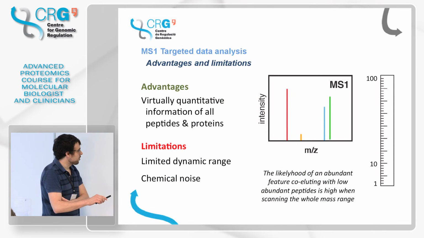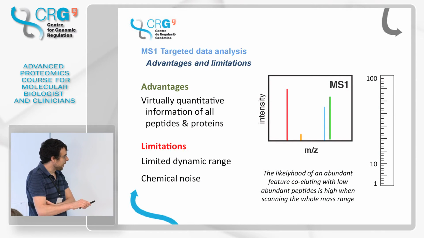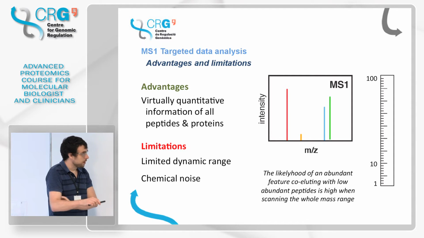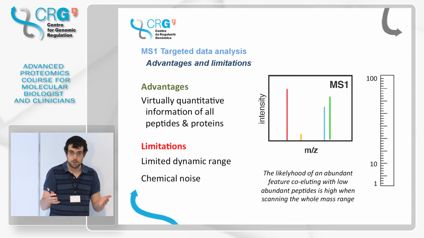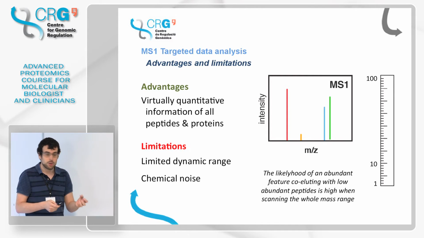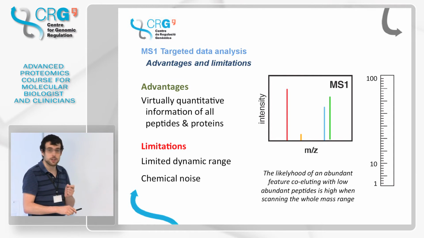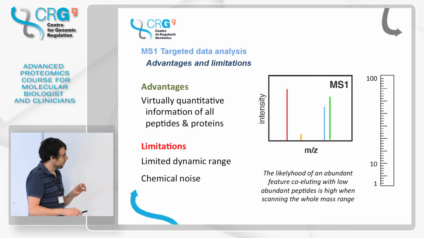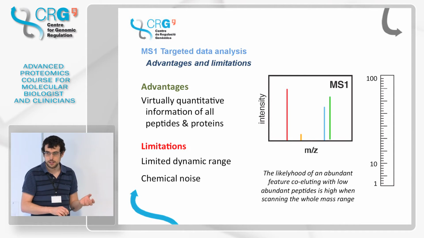Okay, so the advantage of these screening or top-N methods is that we have quantitative information of all peptides and proteins, because from the MS1 we can extract these chromatograms, but we don't have identification information for all of them, right? So we have more information at the quantitative level than at the identification level.